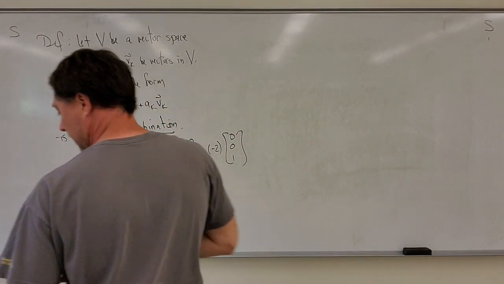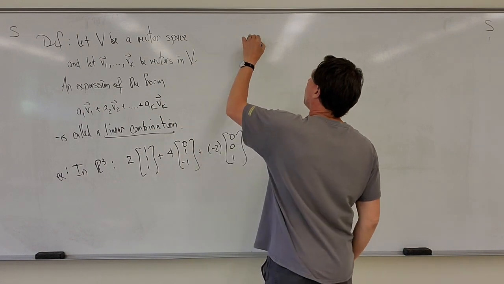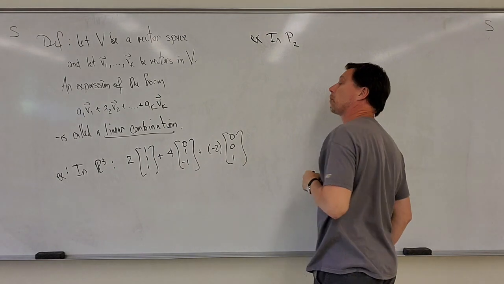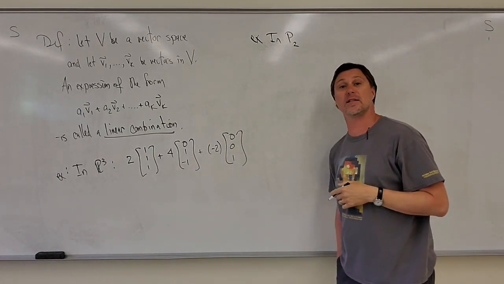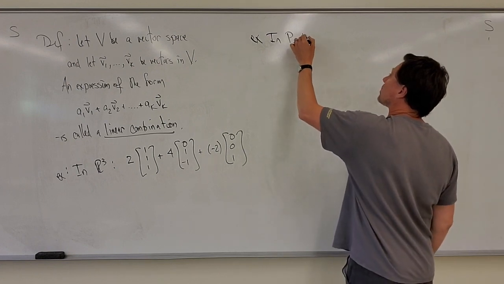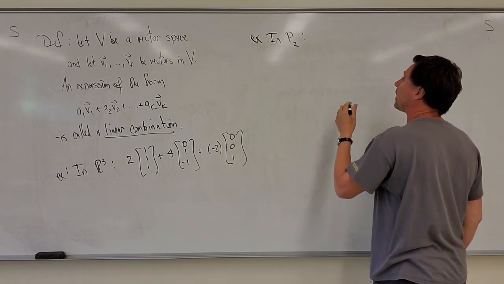And let's do another example. So, in P2, remember P2 is the vector space consisting of all polynomials of degree less than or equal to 2. And so here's another example of a linear combination.